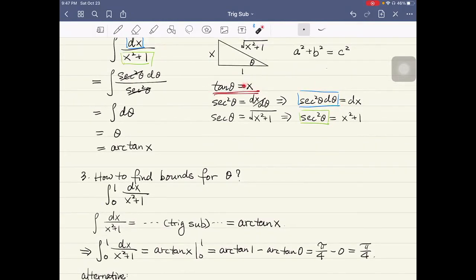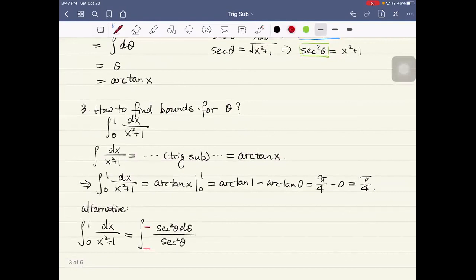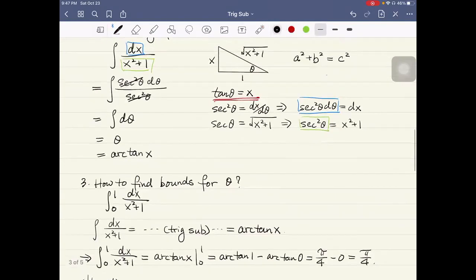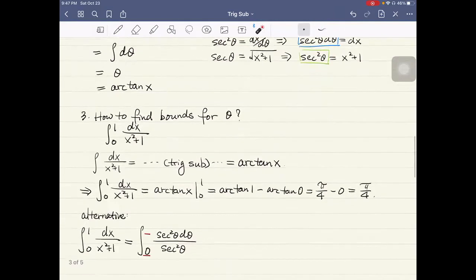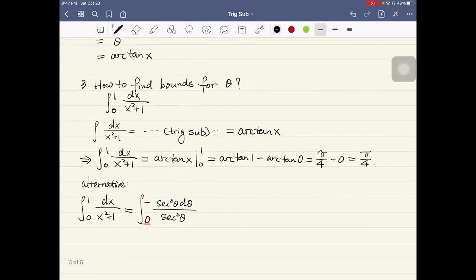If I put x equal to 0, I can solve for theta. So tangent theta equal to 0 gives me theta equal to 0. So here the lower bound for theta will be 0. And if x is equal to 1, tangent theta equal to 1 means theta is equal to pi over 4. This guy, the upper bound of theta is pi over 4.